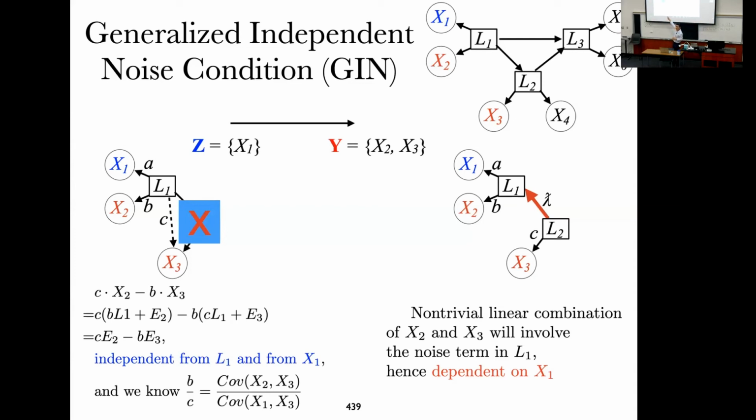L1 is the common cause of 2 and 3, and this common cause separates x1 from them. As a consequence, I can remove the effect of this common cause, and then the linear combination and x1 become independent. Remember that. And right here, it's not possible because the common cause of x2 and x3 will be L2. Conditional on this one, they are not separated because of this part.